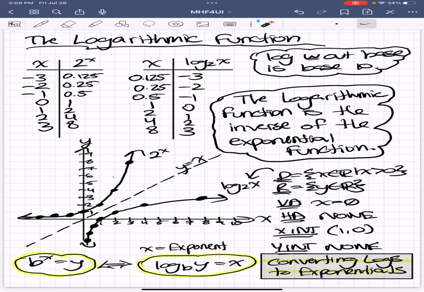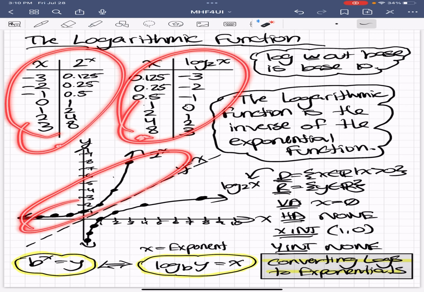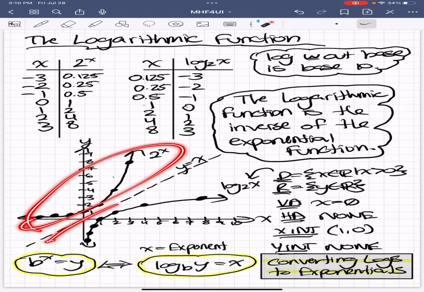As you can see here, I have charts that have the x values and the y values. 2 to the power of x and log base 2 x are the y values, and then x is the x values. I have the chart labeled out along with the graphs of 2 to the power of x and log base 2 x.